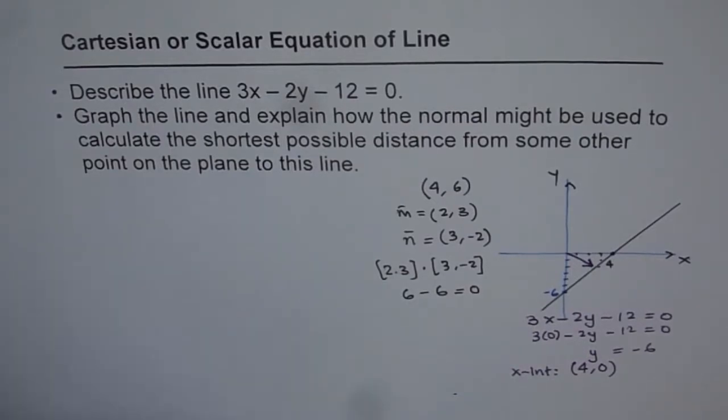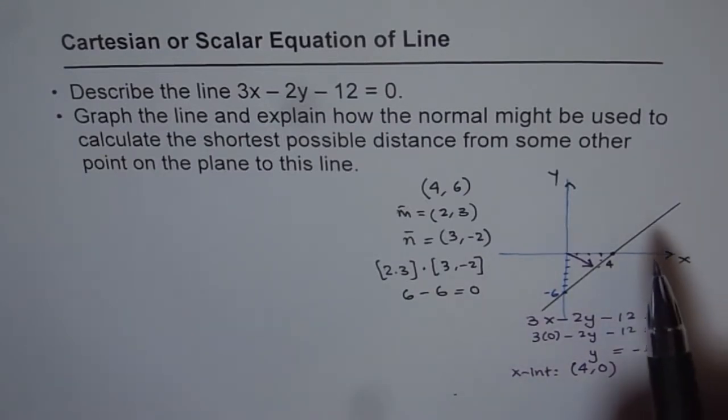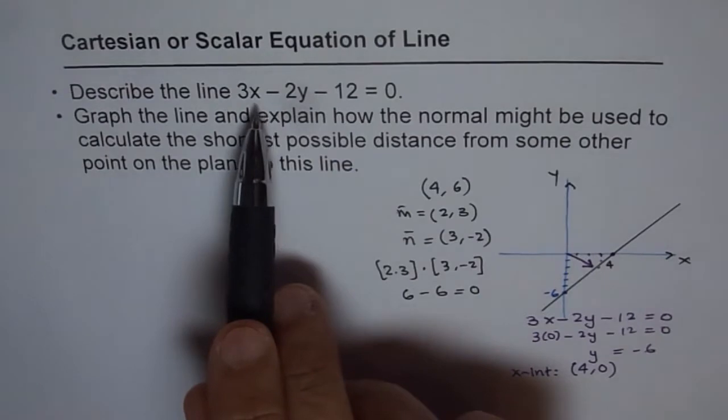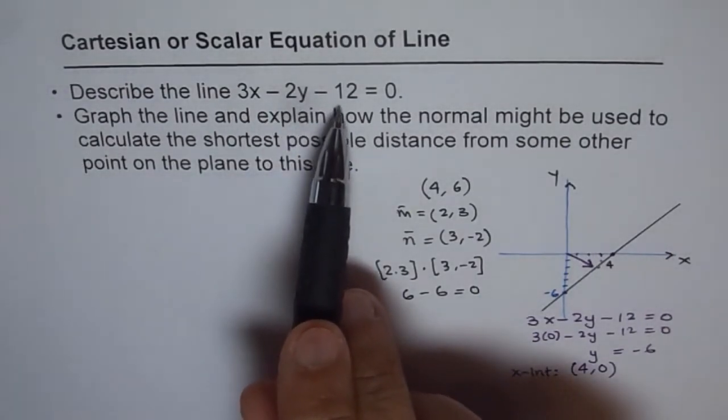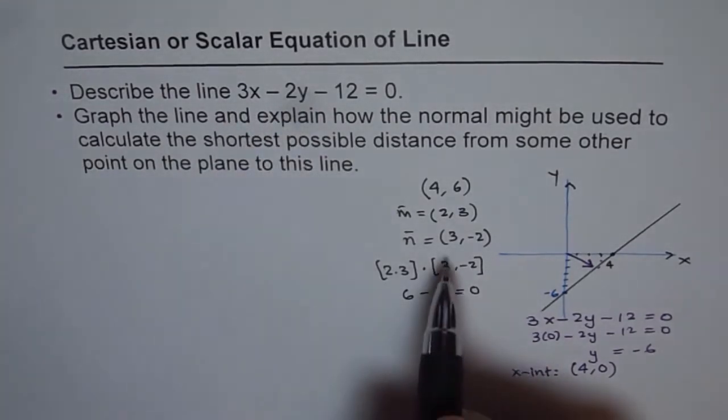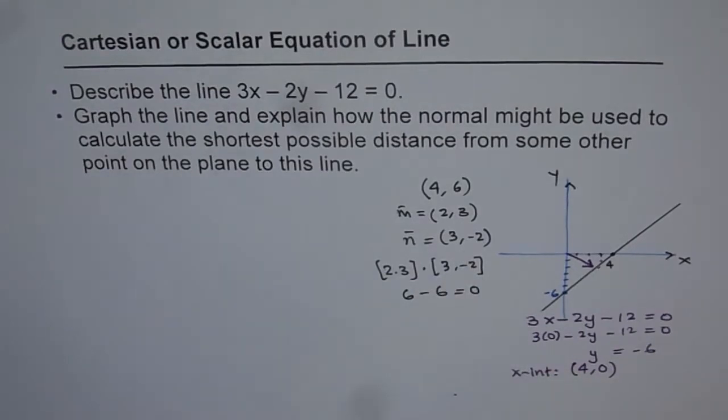Now let's move on to the next part so that we can connect what we are talking about with what is required to be answered in part 2 of this question. We understand that the line 3x minus 2y minus 12 equals 0 is in Cartesian form, where 3 and minus 2 is the normal to the line.